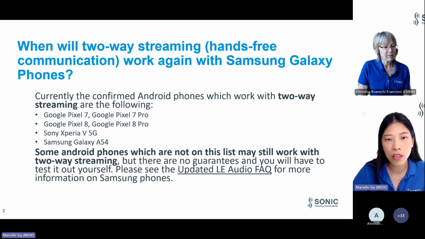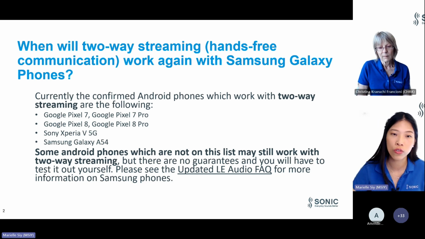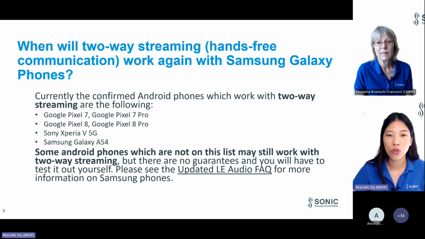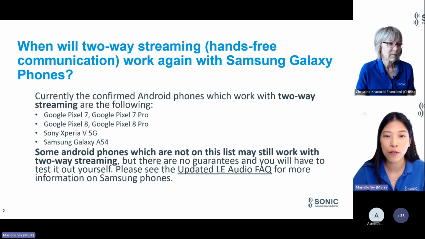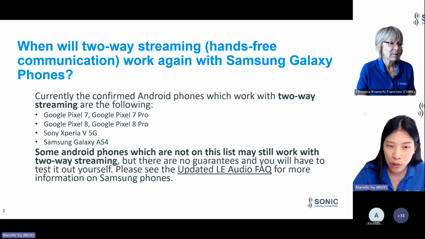And the currently confirmed Android phones which actually work with two-way streaming are the following: Google Pixel 7 and 7 Pro, Google Pixel 8 and 8 Pro, Sony Xperia V 5G, and Samsung Galaxy A54. And just because some Android phones are not included in this list, that doesn't mean that they don't work with two-way streaming.